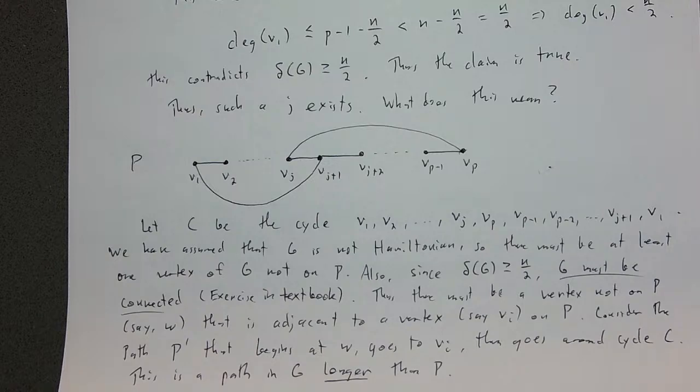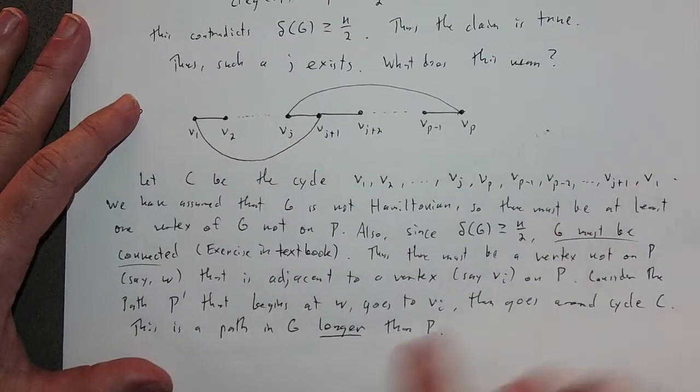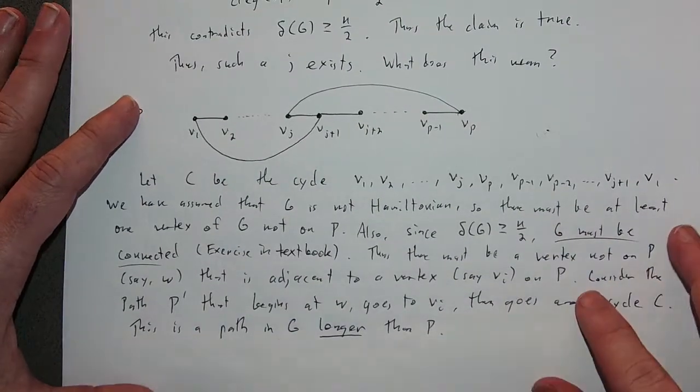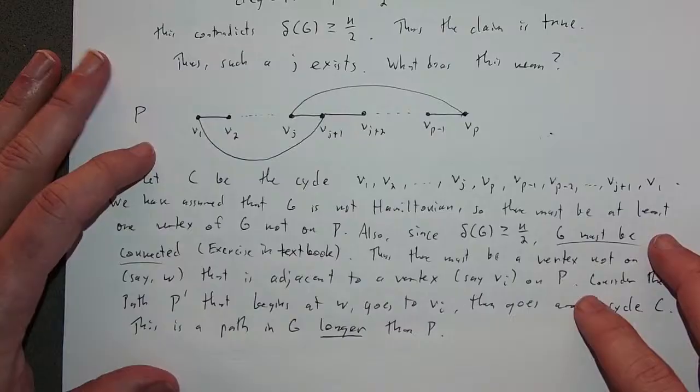Why is that a problem? Why is it a problem if this path is longer than P?